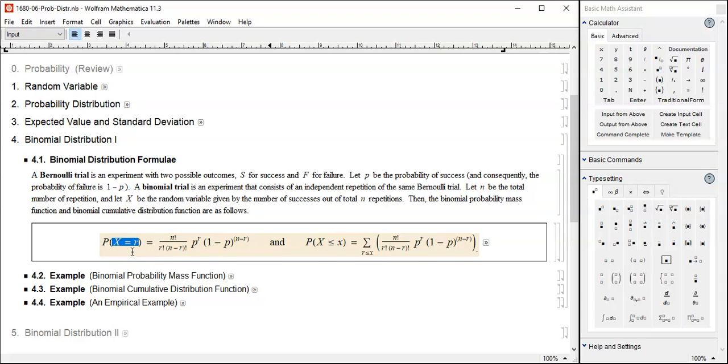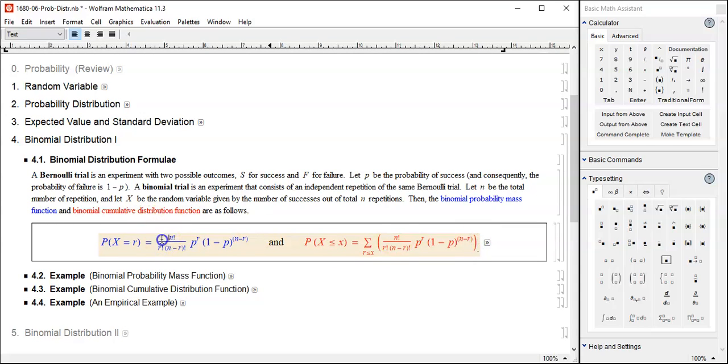Whenever you have a random variable, then that generates a probability mass function, and that formula is this one, and a cumulative distribution function, and that formula is right here.